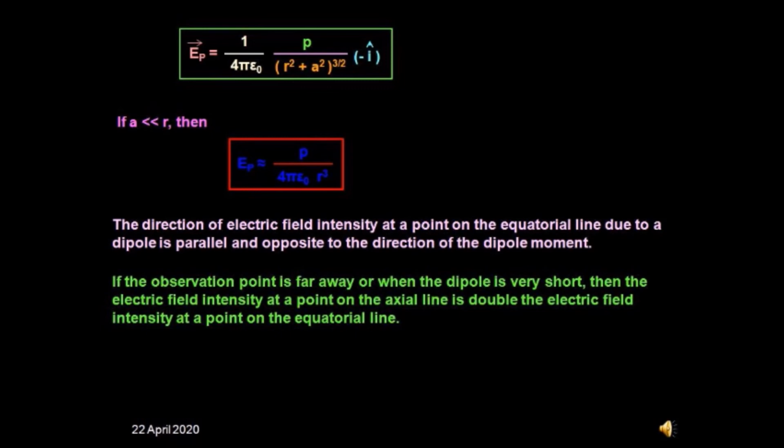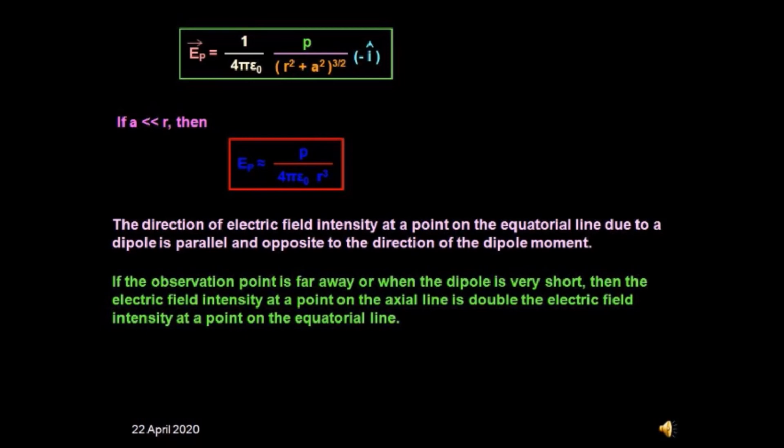So dipole moment P and net electric field EP are in opposite directions. So this way we can put here minus P upon 4 pi epsilon 0 R square plus A square power 3 by 2. This minus sign denotes that the net electric field is opposite to the dipole moment P.